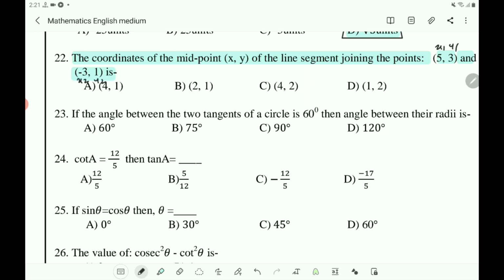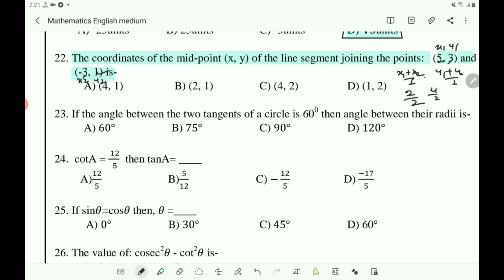Now the midpoint formula: x1 plus x2 by 2, y1 plus y2 by 2. 5 plus minus 3 is 5 minus 3, which is 2, 2 by 2. Then 3 plus 1 is 4, 4 by 2.